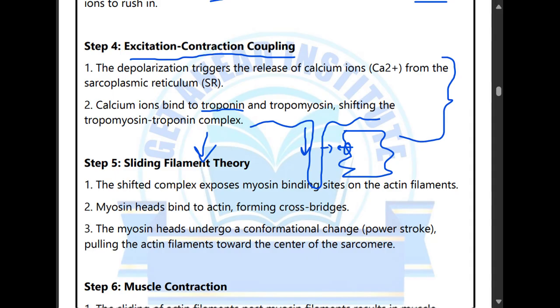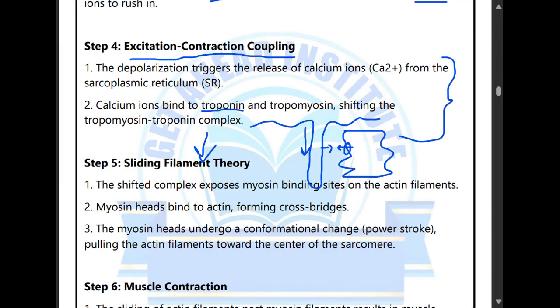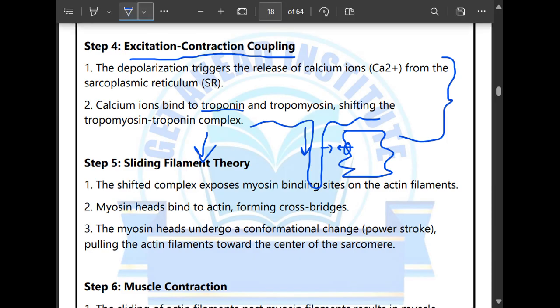Sir, could you repeat the interaction of dihydropyridine and ryanodine receptor? Okay. So what happens is this: you have the positive voltage that has been created. I'll start from there. Positive voltage that has been created moving along the sarcolemma.